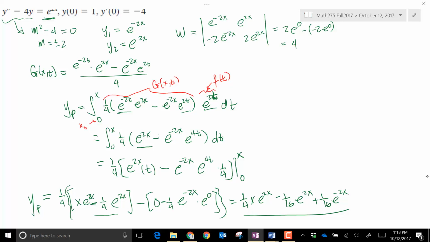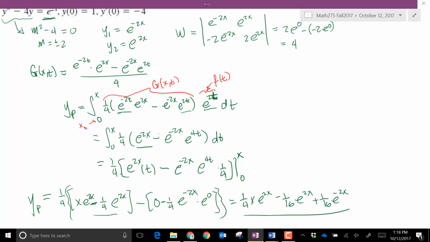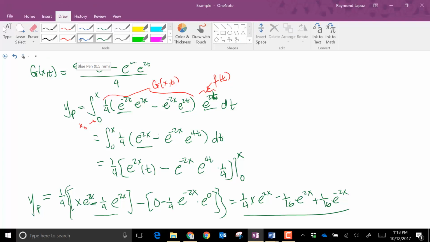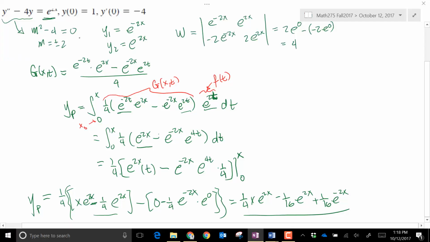Anyways, we didn't quite finish this because I forgot to deal with the first part, which is the homogeneous part. We have to deal with the y sub c, and it isn't too bad because it's something that we've dealt with already before.